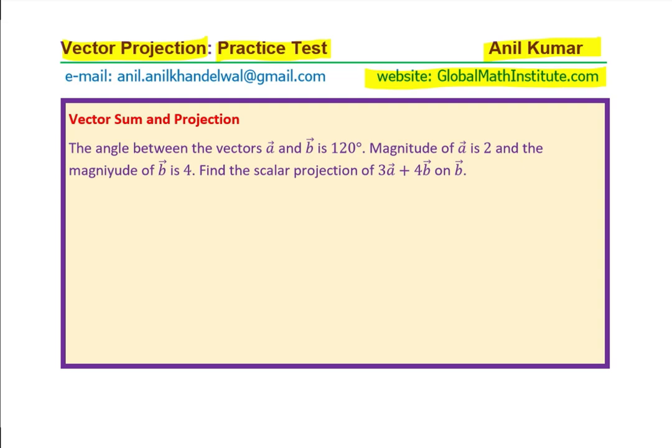So, we are given two vectors which are A and B. Let us try to sketch this. The angle between them is 120 degrees. Magnitude of A is 2 and that of B is 4. So this is vector A for us and this is B for us.